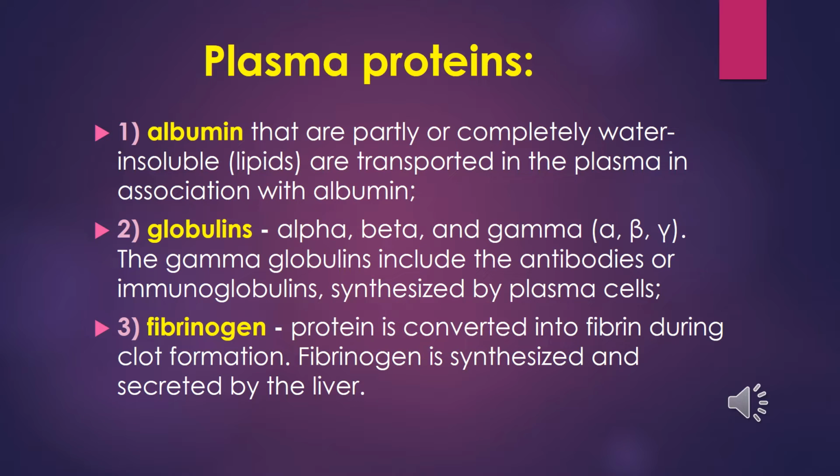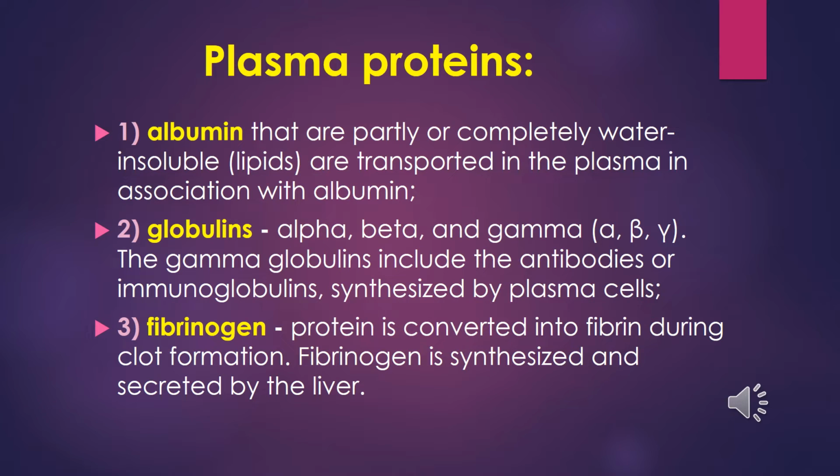Plasma proteins include three main types: albumin, globulins, and fibrinogen. Albumin is a very important protein which transports substances between organs and between tissues.